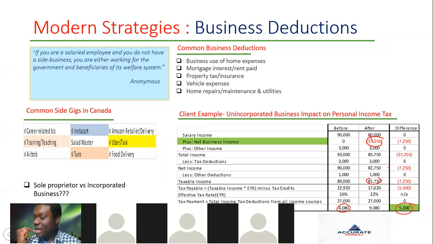But as I said, it should be reasonable, such that when they come for an audit, you should be able to support it. Because if your expenses are not reasonable and they call for an audit and you cannot defend it, CRA will flag your profile. And when your profile is flagged, they note that this client is a suspicious client.